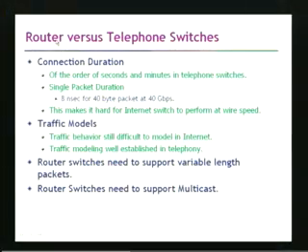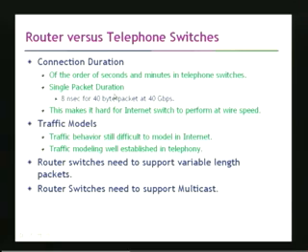So, first of all, let's look at the difference from the switching point of view between a router and a telephone switch. We are using the word router for a generic packet switch. This is not necessarily to assume that the router is doing the job of routing a packet, etc. One major difference is the connection duration. The connection durations in a telephone switch will be of the order of seconds, if not minutes.